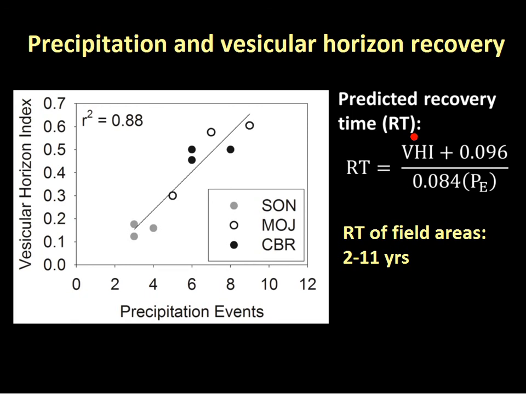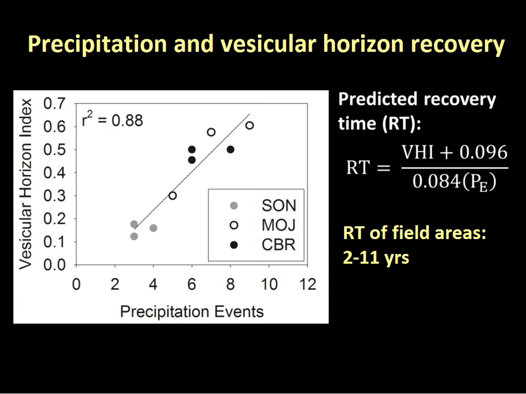What I used was the vesicular horizon index of the pre-disturbance soil. So what's our goal? What are we trying to get to call recovered? And then the average number of precipitation events per year. Based on this equation, which is extrapolating beyond the range of the data that I observed, so it could have some issues with the prediction, I found that the recovery times were predicted to be between 2 and 11 years for recovery of the vesicular horizon.